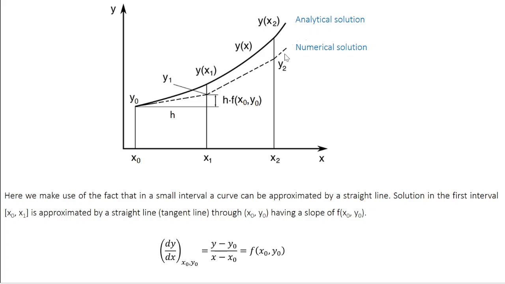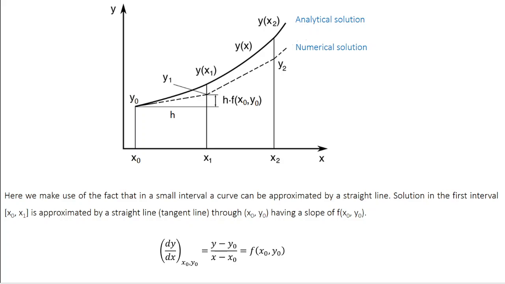Now here what are we doing actually? We are given the initial condition, the value of the solution at x equal to x naught is y naught. So the x naught y naught point is given. Suppose we want to find the value of y at x equal to x2. Now here straight away we cannot find the solution at the given point. What we have to do is divide our range into small subintervals, and in each subinterval find the solution.